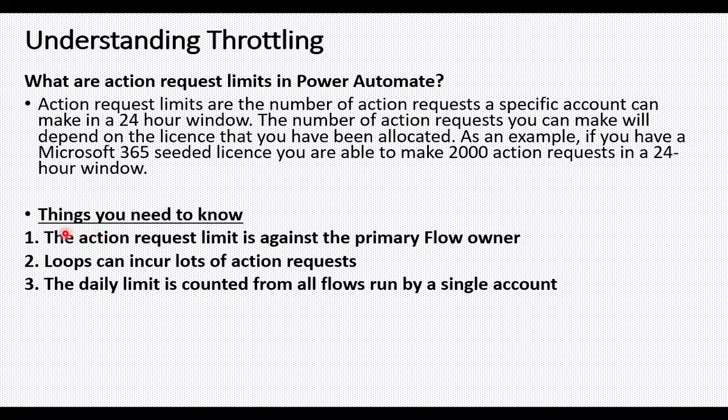Some important points you should know: the action request limit is against the primary flow owner, who has actually created the flow. And loops can incur lots of action requests, so be mindful of the loops also. The daily limit is counted from all flows run by a single account. So if you have 10 flows created by a single account, the daily limit will count from the total of all the flows run.